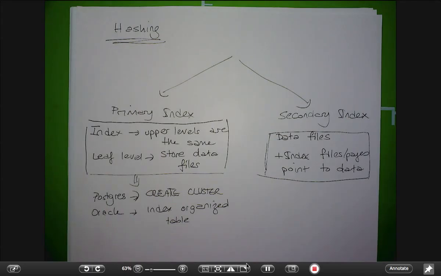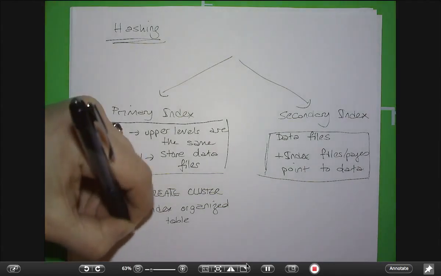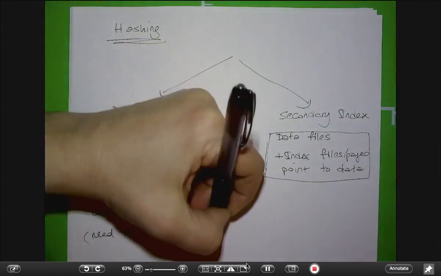In that case, you have to reorganize this, which is a costly thing. So if you have very frequently accessed and changed data, this may not be feasible. But otherwise, this could be very useful. So you can only create one cluster, but it can really help. But you may need to reorganize periodically.